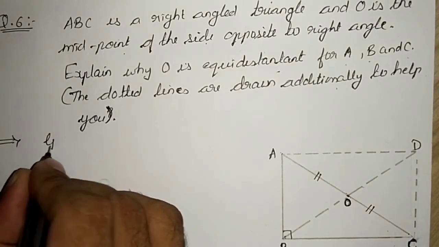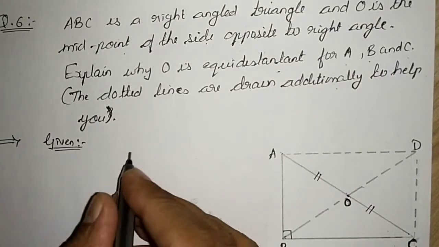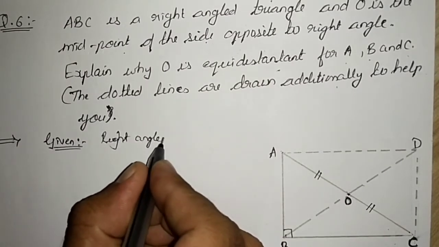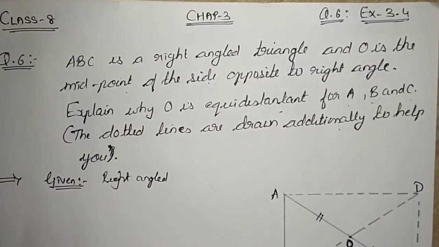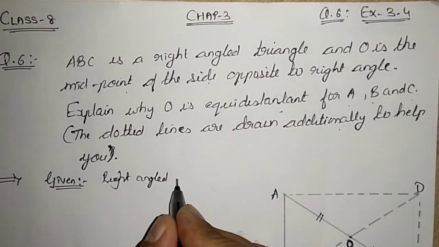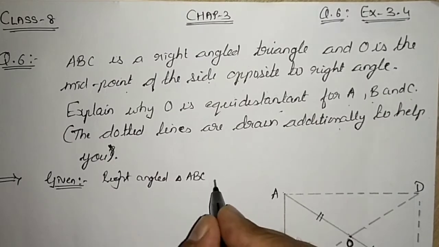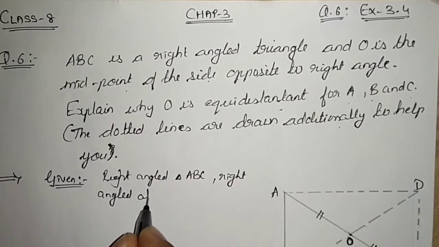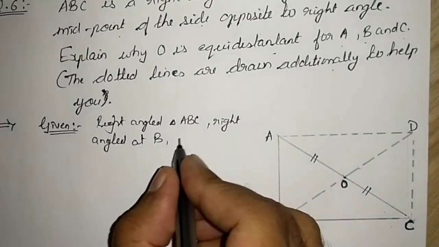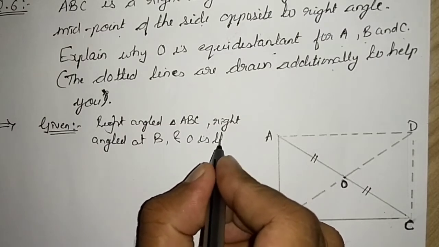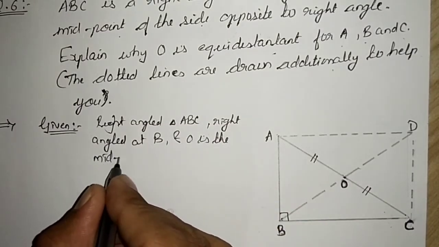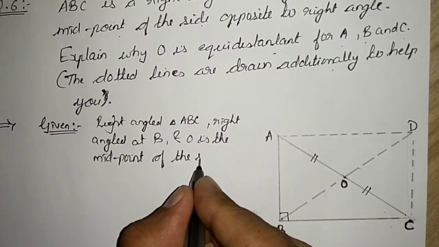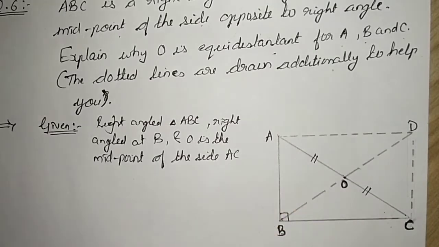So we will write: given, right angled triangle ABC, right angled at B, and O is the midpoint of the side AC.